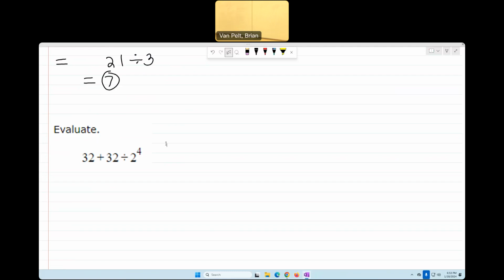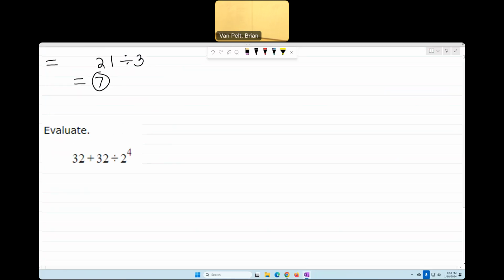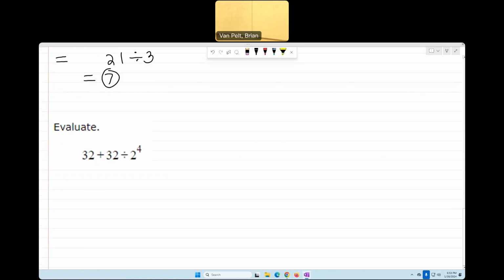2 to the 4th, some people will write 8 and then realize they made a mistake, because it's not 8, is it? 16. So you do this next, 32 plus 32 divided by 16. So I have this. That's the only part I did. Now stop before you get excited and write the next thing down. Many people wrote down 64 divided by 16.